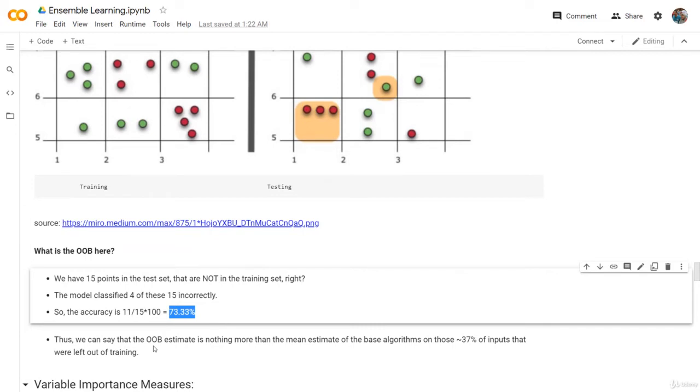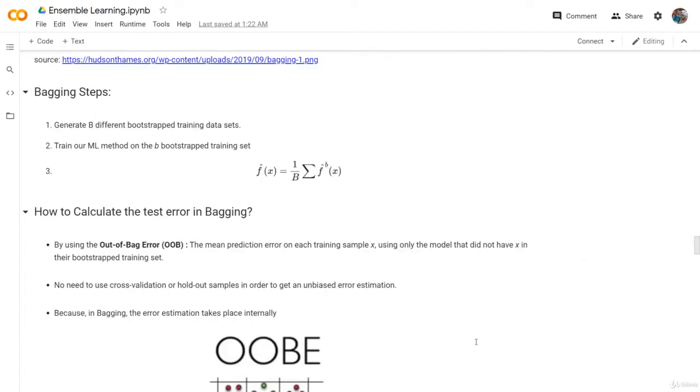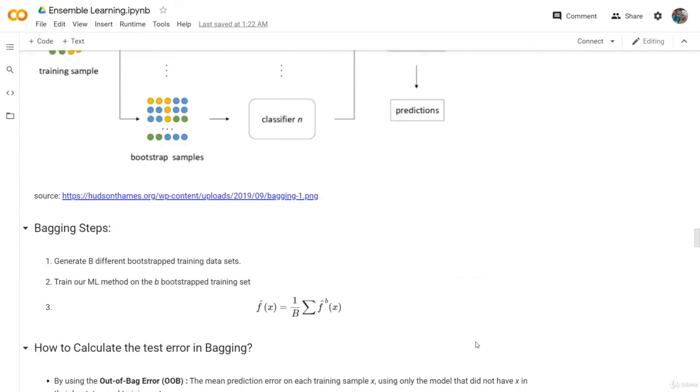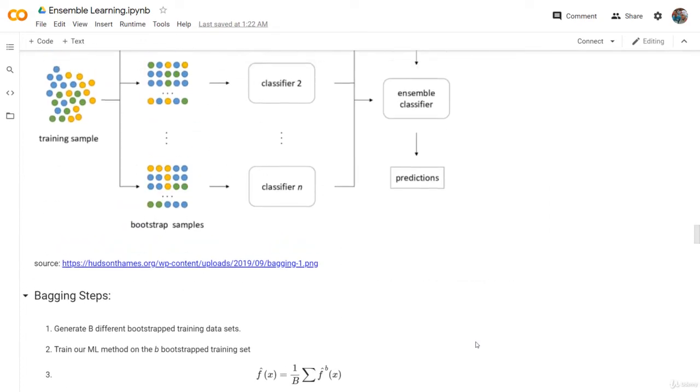So we can say that the out-of-bag estimation is nothing more than the mean estimate of the bagging algorithm on these around 37% of the inputs that were left off the training, okay? Again, the out-of-bag error idea is very intuitive and easy to understand.